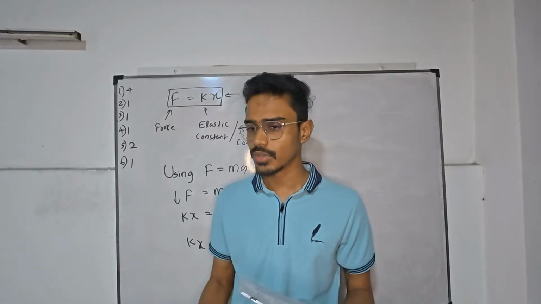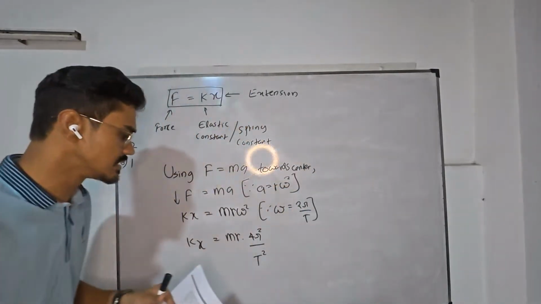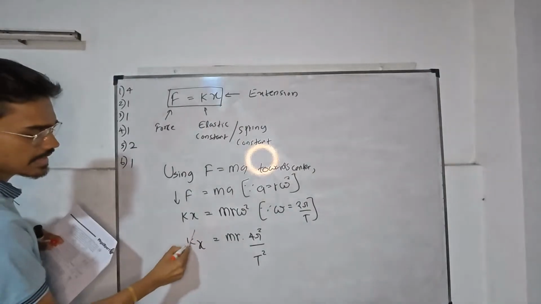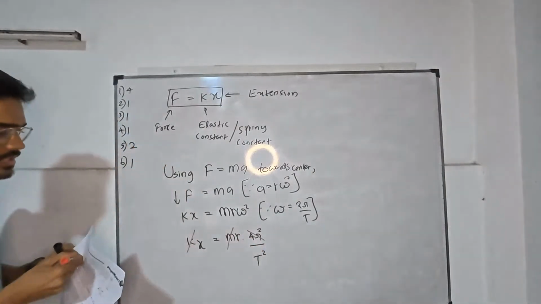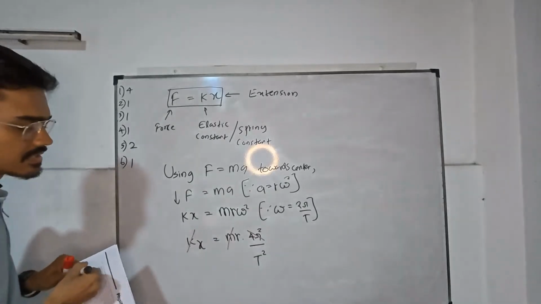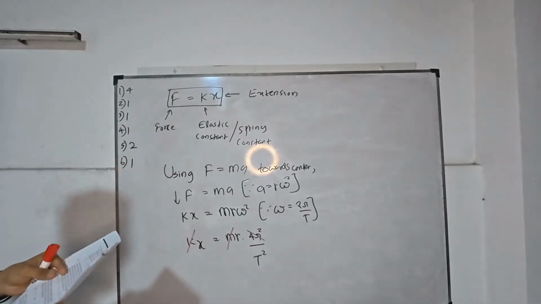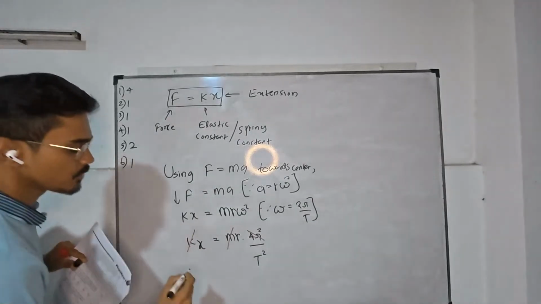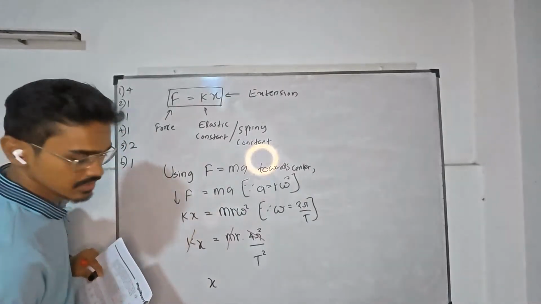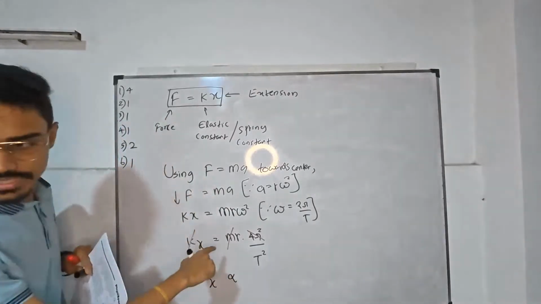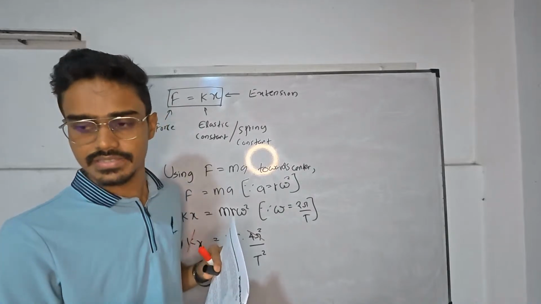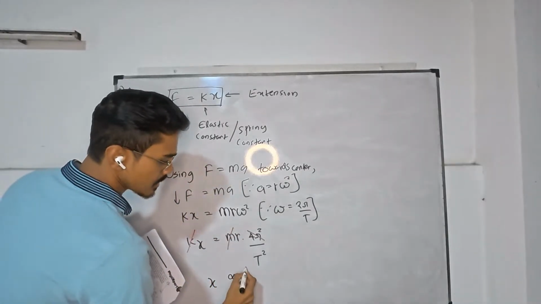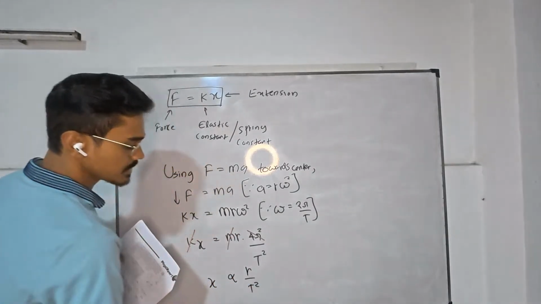That will be easy, with no need to deal with constant terms. k is constant, m is constant, same object, 4 pi squared is constant. So x is proportional to r over T squared.